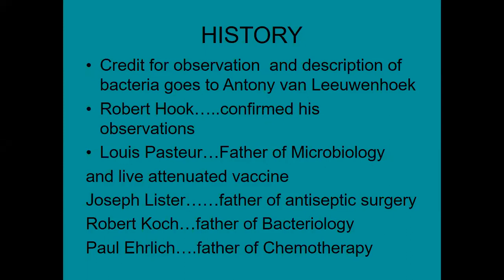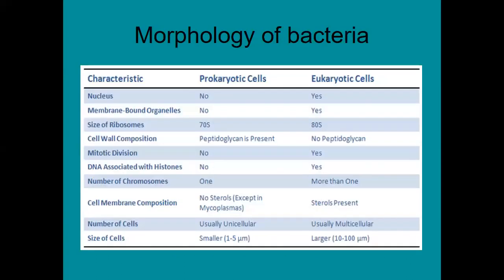So these are the people who are responsible: Anton van Leeuwenhoek, Robert Hooke, Louis Pasteur, Joseph Lister, Robert Koch, and Paul Ehrlich. Now, in general, whenever we start with microbiology, it is mandatory for you all to understand the basic distinctive features between a prokaryote and a eukaryotic cell.